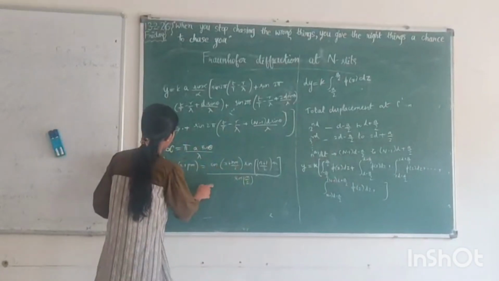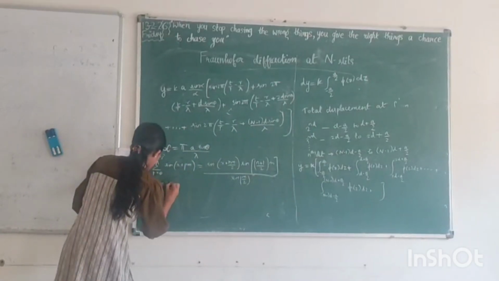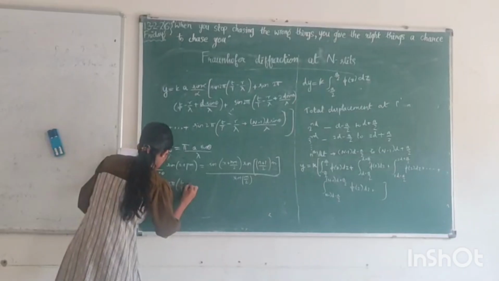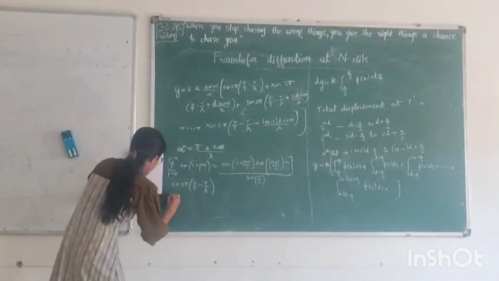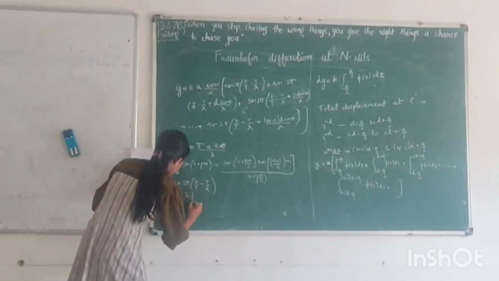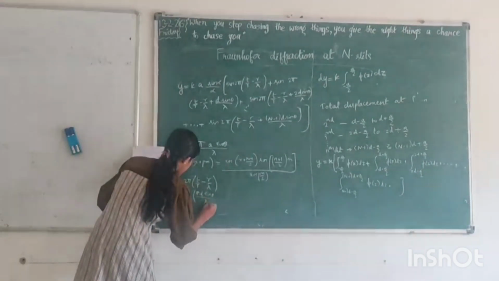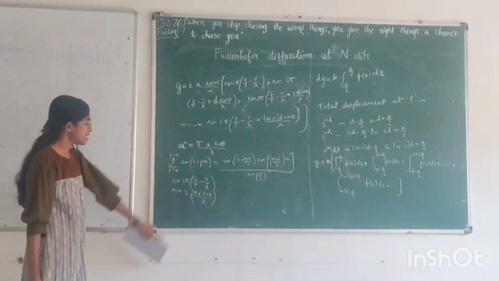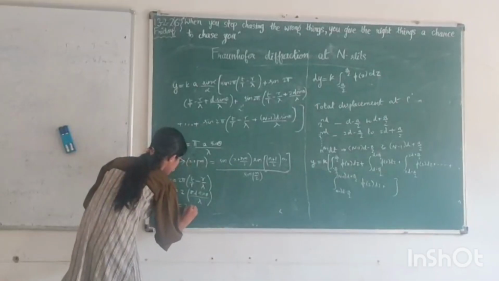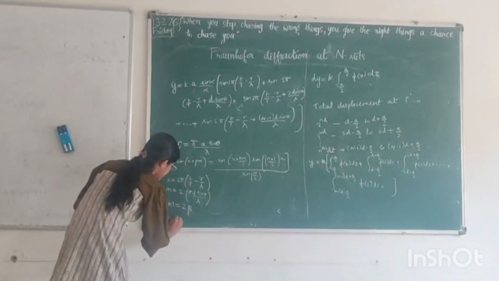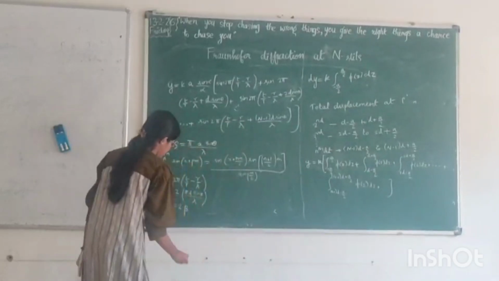Comparing this equation with y, we will get x is equal to 2 pi into (t by T minus r by lambda) and m is equal to 2 pi d sin theta by lambda, and this pi d sin theta by lambda is equal to beta. So m is equal to 2 beta and n is equal to n minus 1 for the n slits.